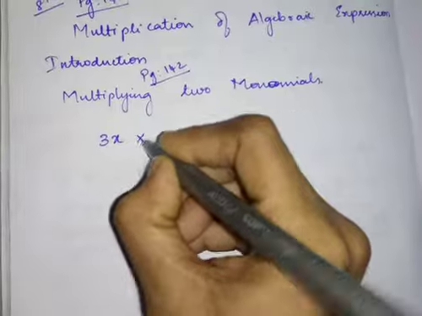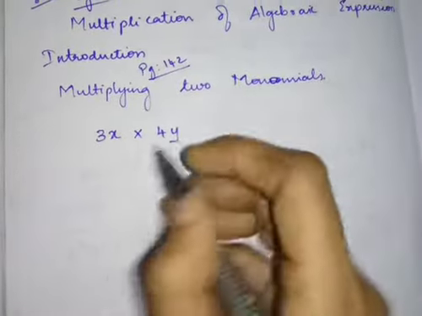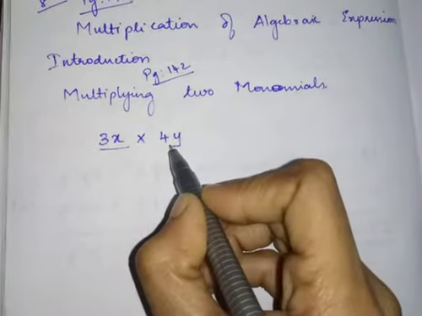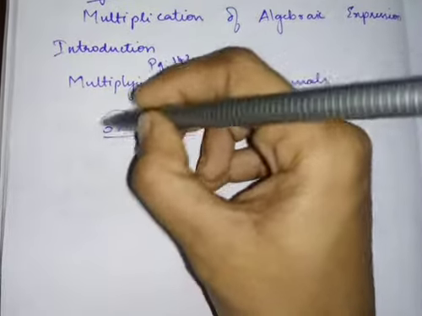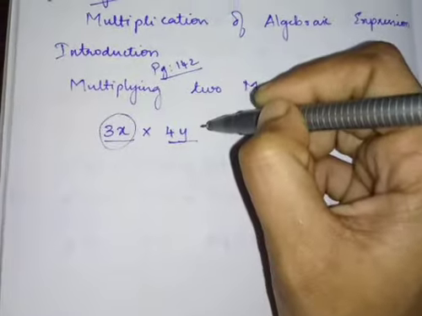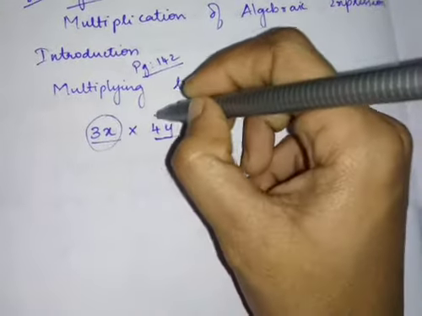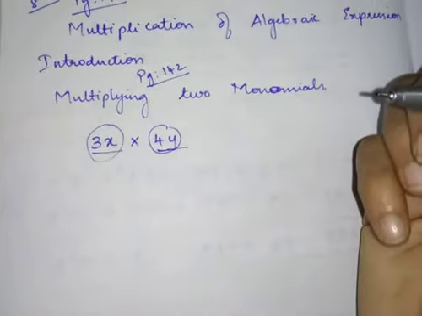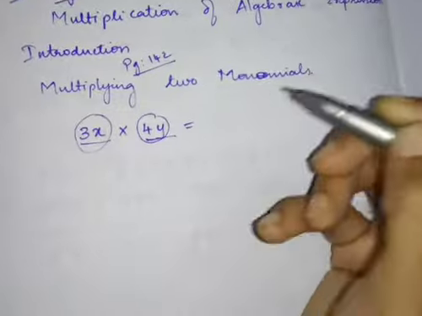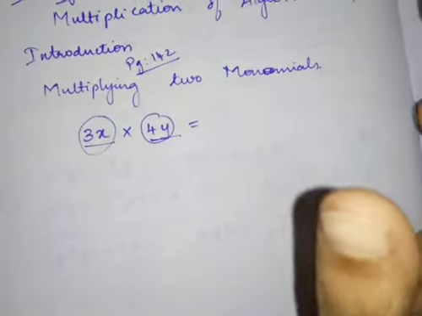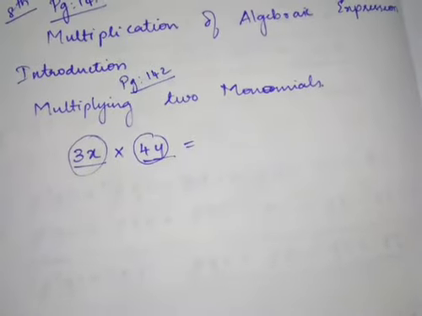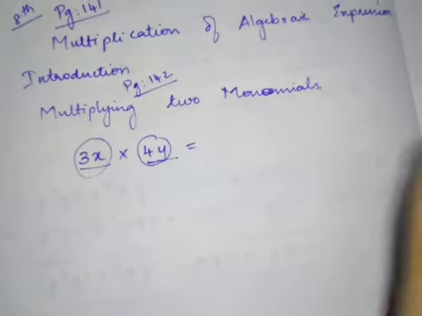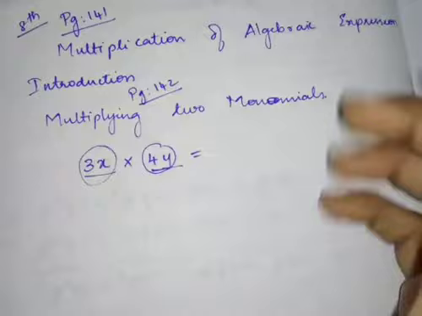3x into 4y. Okay, 3x is one term and 4y is one term. So an expression which contains one term is called monomial. 3x is also a monomial, 4y is also a monomial. Now when you are multiplying these two monomials, first you multiply the numerical coefficient.